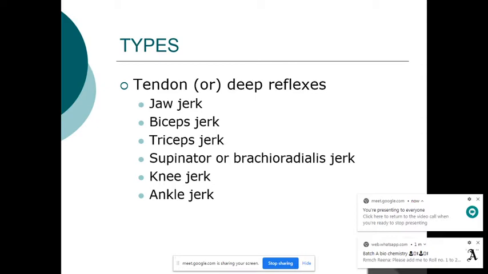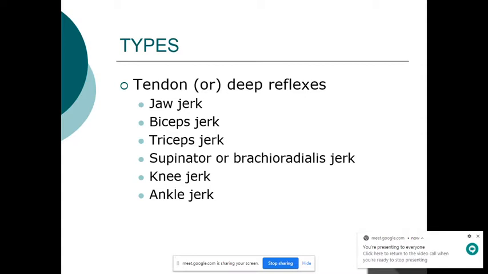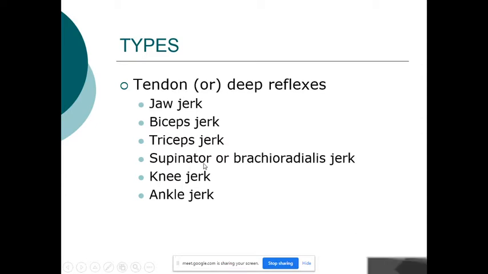So, types of reflexes: you have the superficial reflexes and the deep reflexes. Both we will be learning today how to do. The deep reflexes, or deep tendon reflexes, include the jaw jerk, biceps jerk, triceps jerk, supinator or brachioradialis jerk, knee jerk and ankle jerk. All these you will be doing.